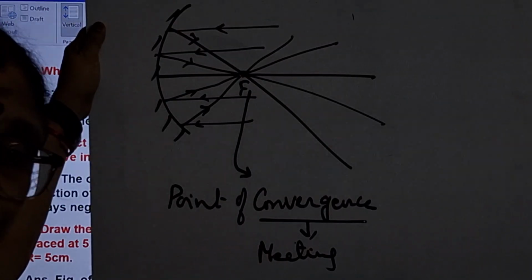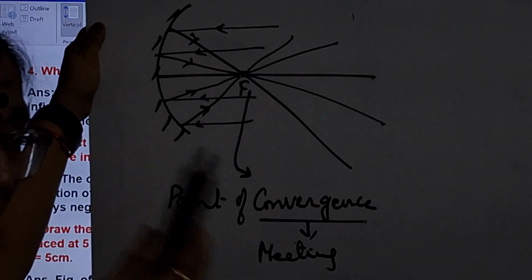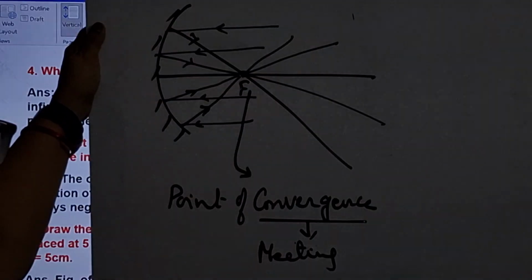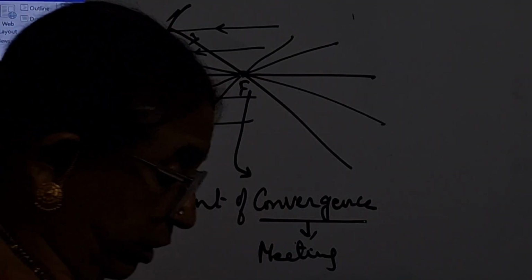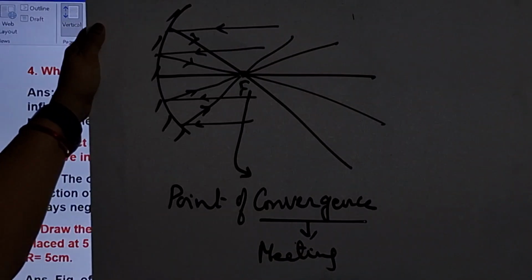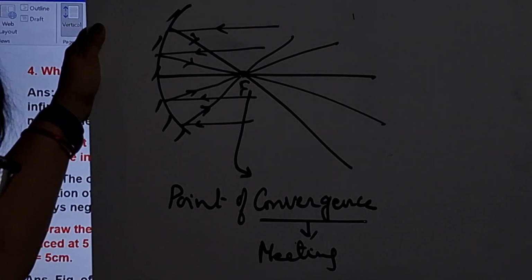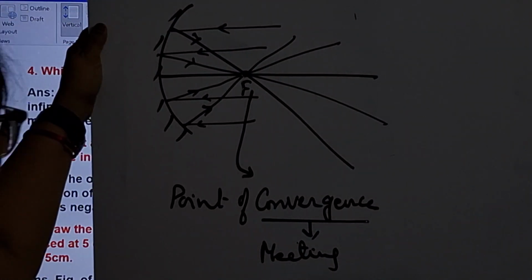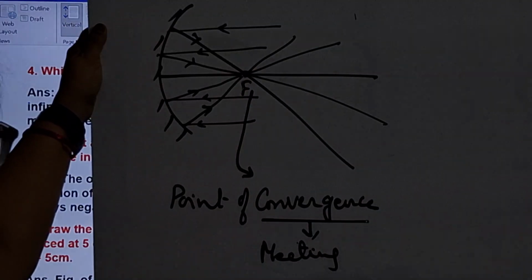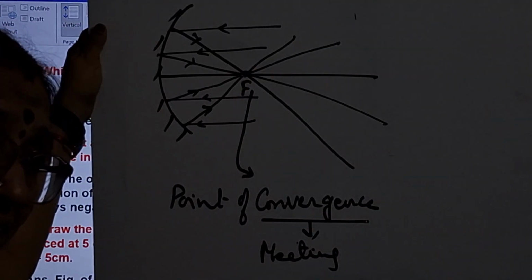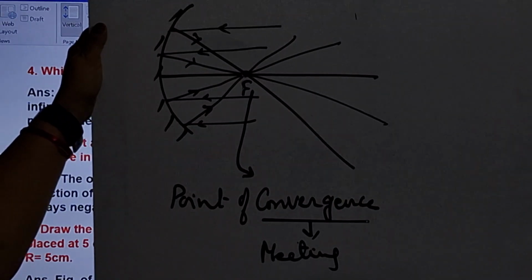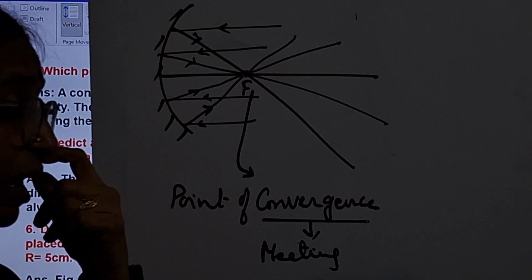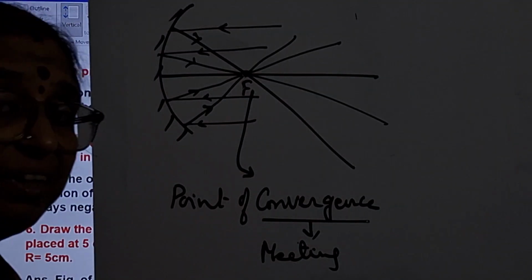You all might have played with a magnifying glass. Keep the magnifying glass, focus it towards the sun, and keep it over a paper, it starts burning. You didn't light any fire there, but it starts burning. The reason is that earlier all the rays were traveling parallel to each other, so their energy was separated. But the moment you make them pass through a lens, they converge.